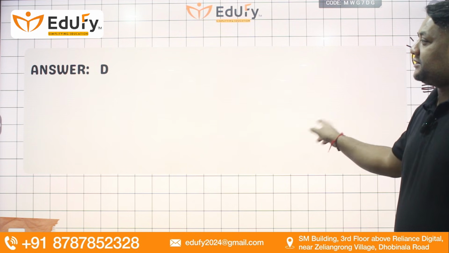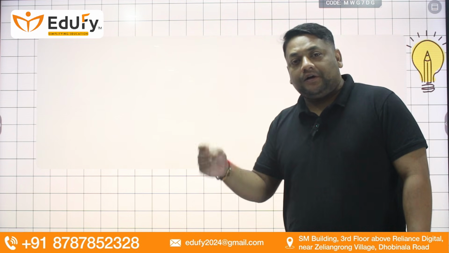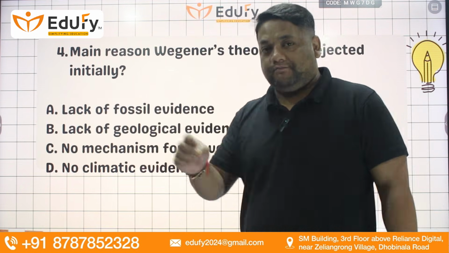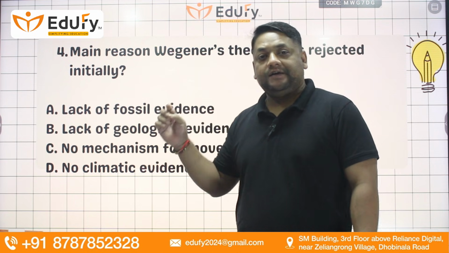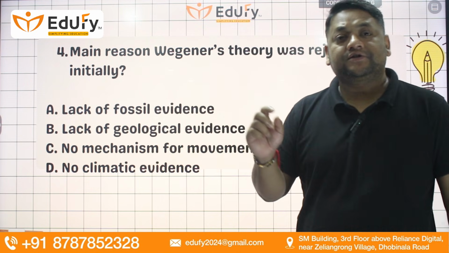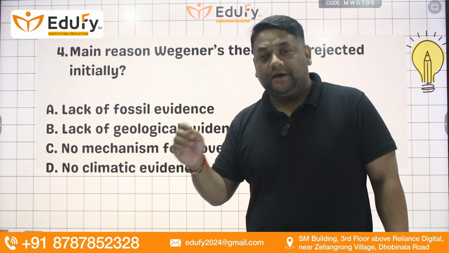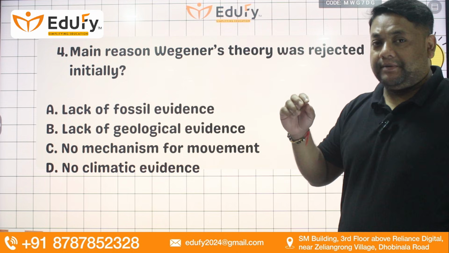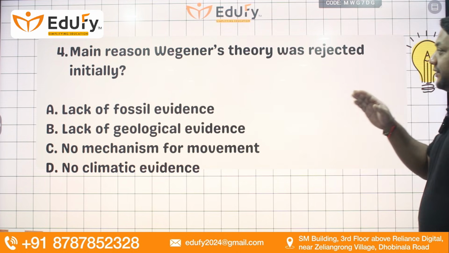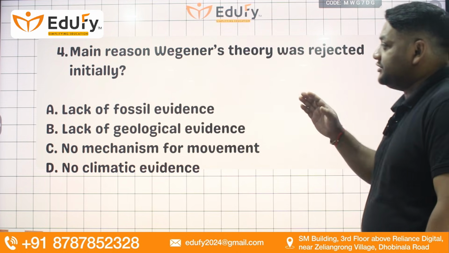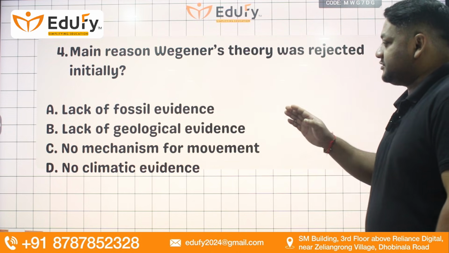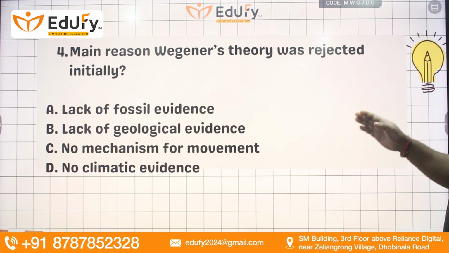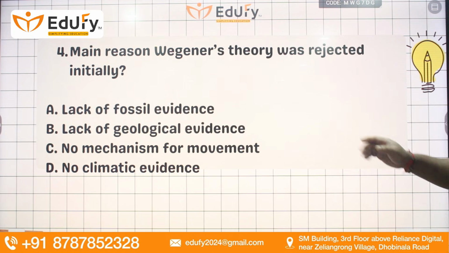Next, remember this topic is important from the point of view of mains. A few years back, NPSC asked in the mains: what is continental drift theory? So remember that. Next question: the reason Wegener's theory was rejected initially was lack of fossil evidence, lack of geological evidence, no mechanism for movement, or no climatic evidence.